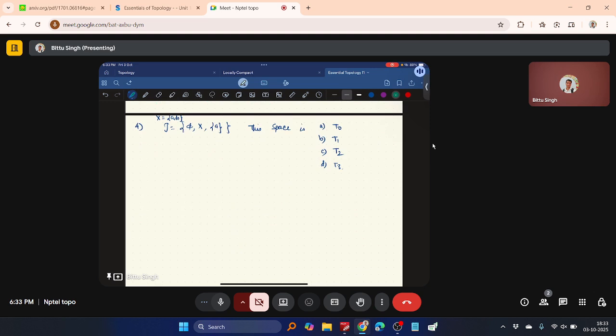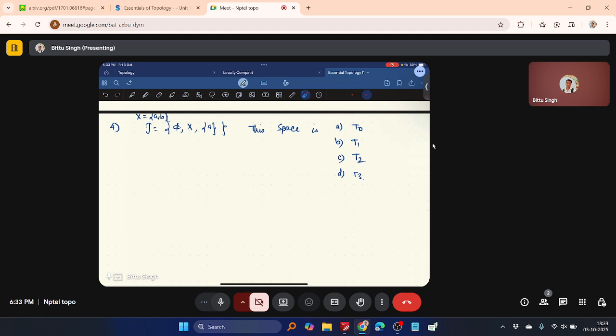So consider this topology. Here the topology is defined on the set {A, B}, and tau contains the empty set, the whole set, and {A}. Then which of the following is true for this space: T0, T1, T2, or T3?